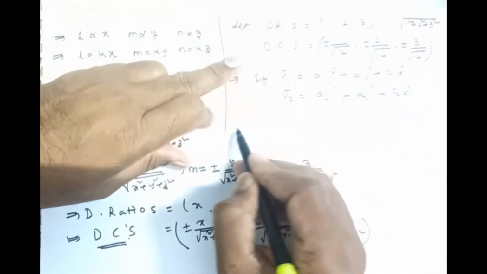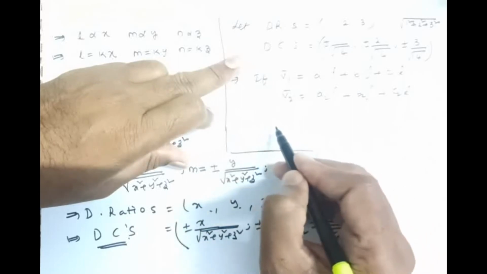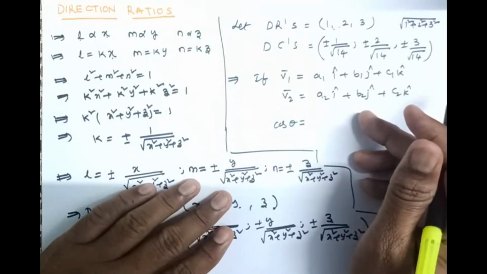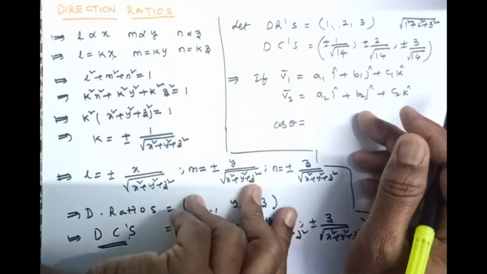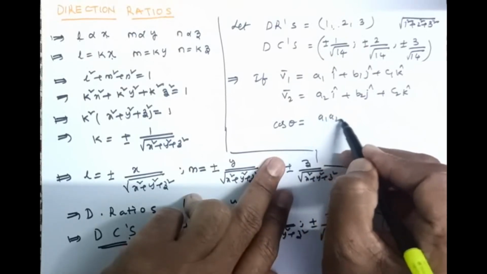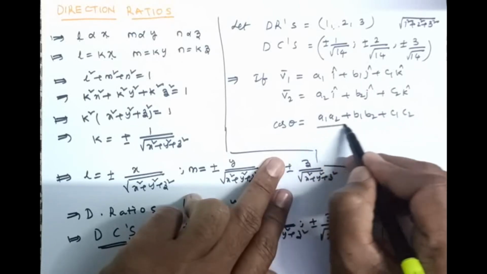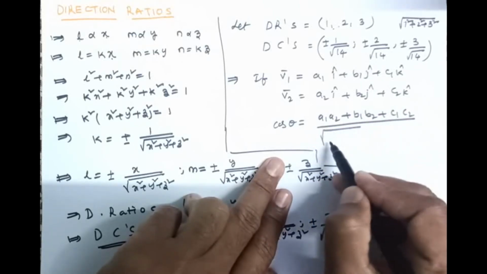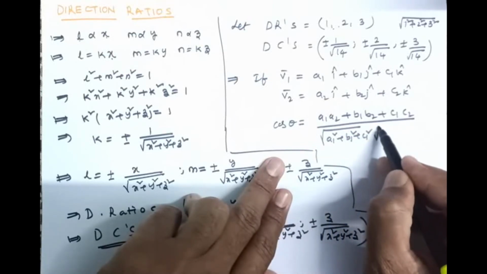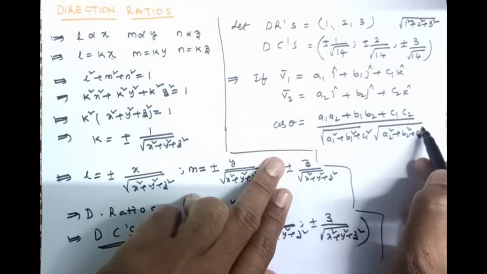The angle between these two vectors: cos theta is equal to a1 a2 plus b1 b2 plus c1 c2 by root over a1 square plus b1 square plus c1 square, into root over a2 square plus b2 square plus c2 square.